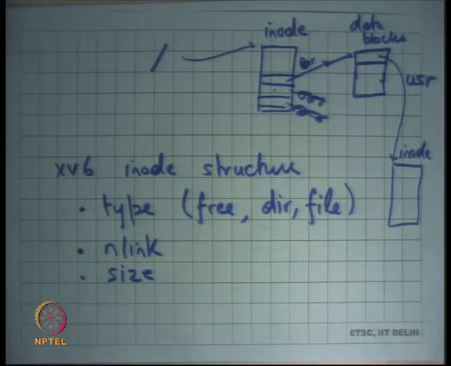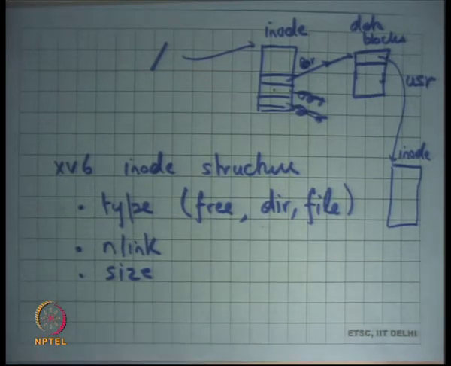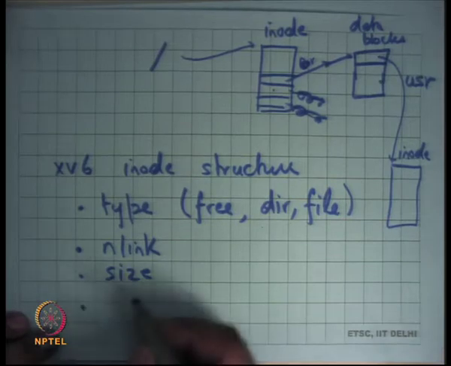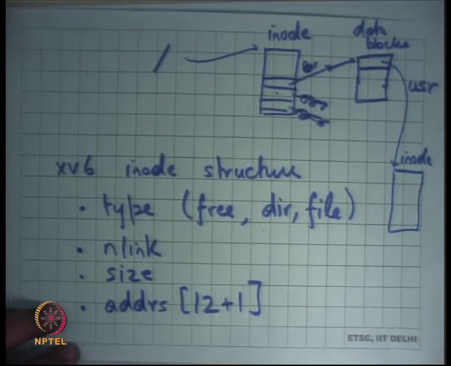The size basically means the size of this file for a file, and for the directory it basically means the number of directory entries into the size of the directory entry, right? So in both cases, size basically means the size of the data blocks, the size of the useful content in this file or directory. And then you have the addresses or pointers, recall the 12 plus 1 thing, right? Direct and indirect.